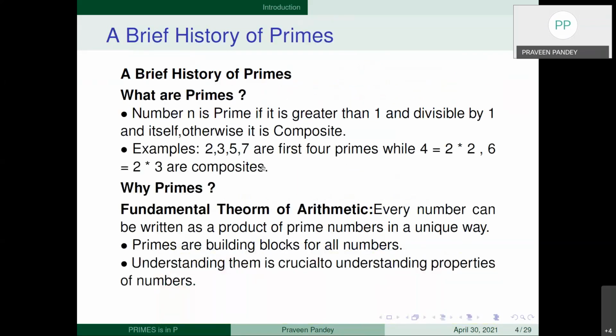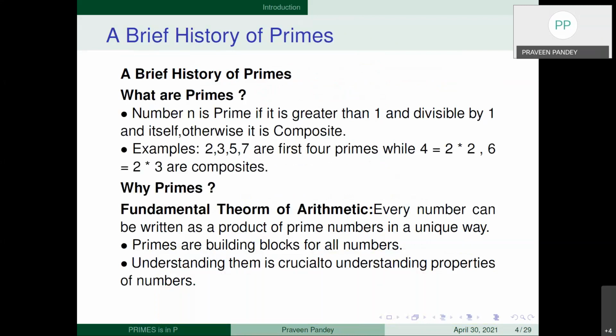Let's look at a brief history of primes first. The first question that comes to mind: what are primes? Any number n that is greater than 1 and divisible only by 1 and itself is said to be prime. Otherwise, it is composite. Examples are 2, 3, 5, 7, and others, and a composite number is 6, which is 2 into 3.